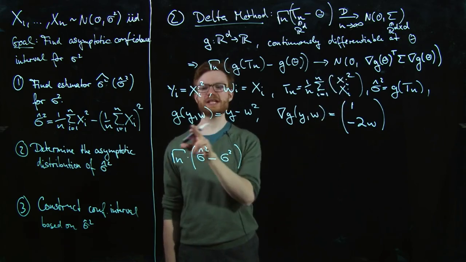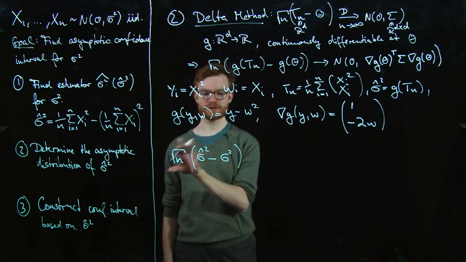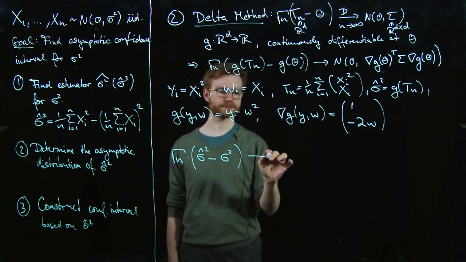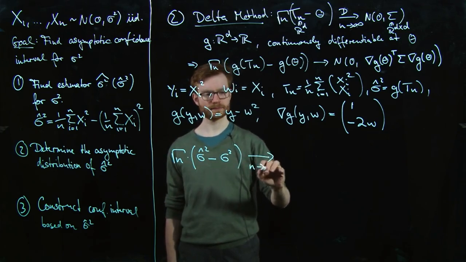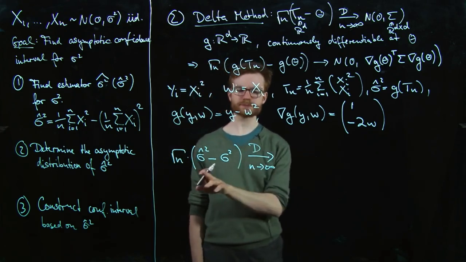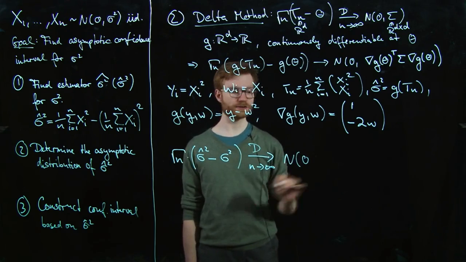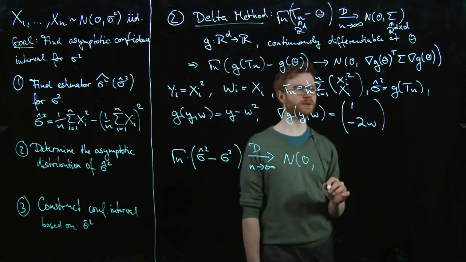But then we apply our same function here, and we regain the variance. So this is going to be correct. And as n goes to infinity, this goes to a centered normal distribution.